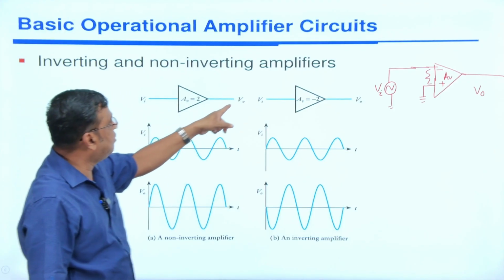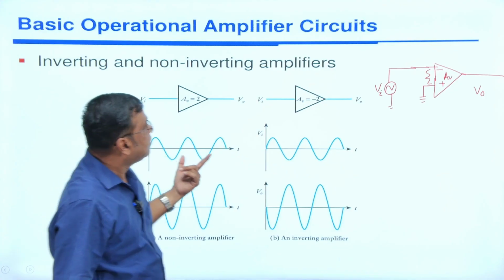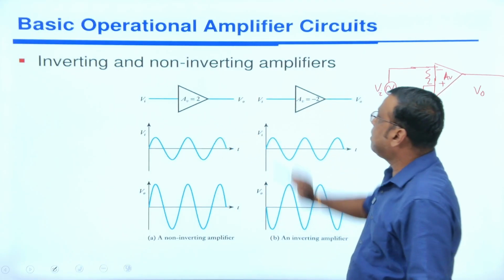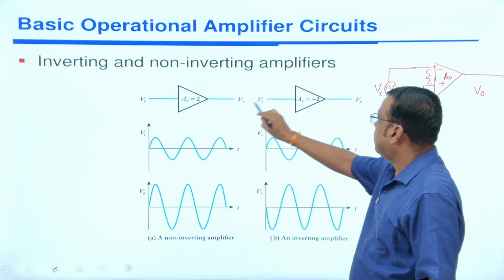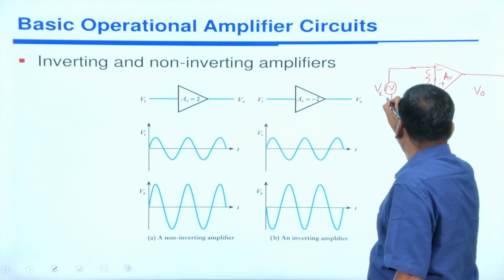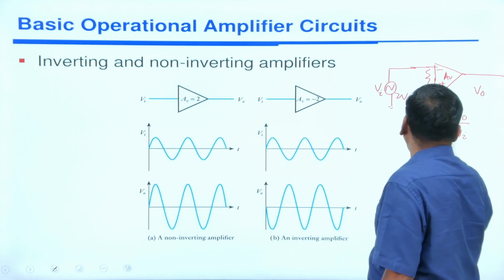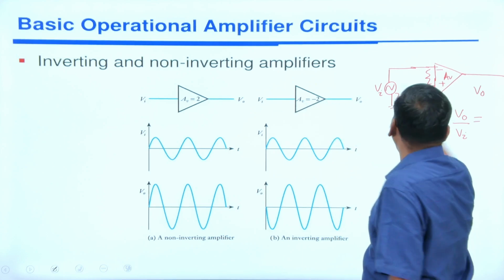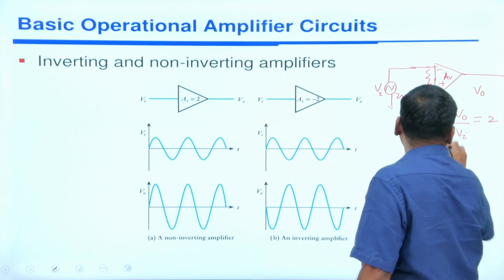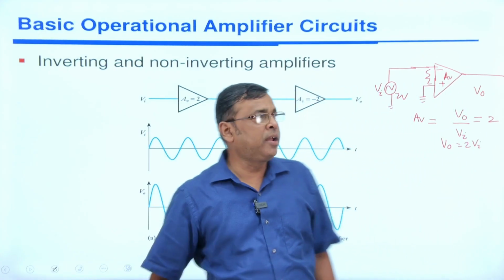Suppose gain AV equal to 2. AV equal to 2 means V0 by VI equal to 2. So V0 equal to what? Not 2 into VI. In case of inverting, the output you will get has a negative sign.